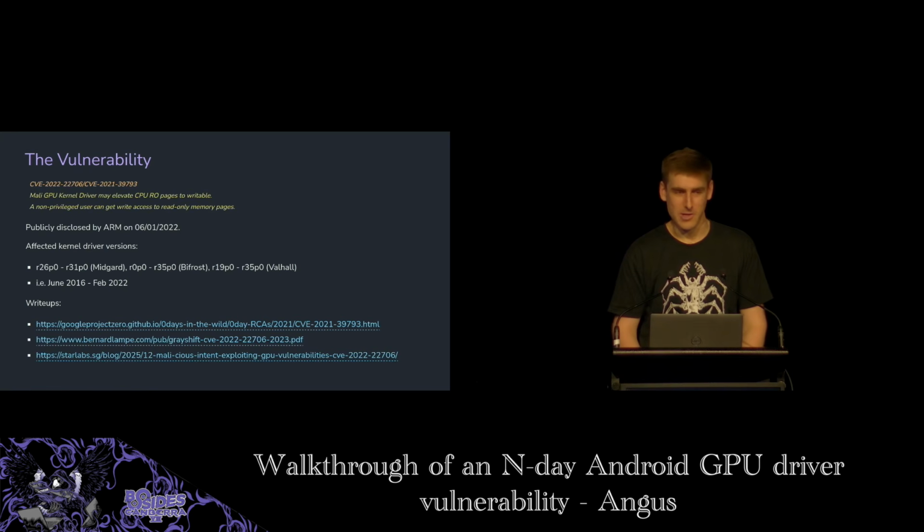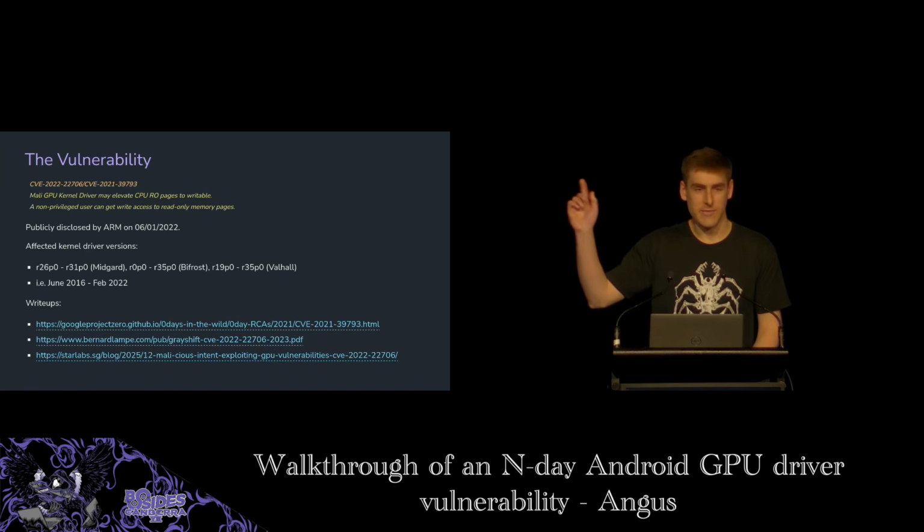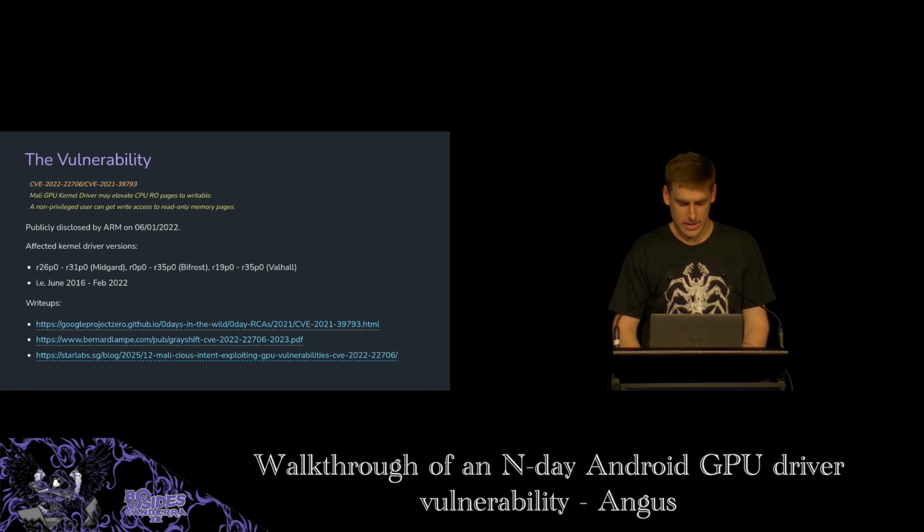I had to go delving in the actual patch to see what had happened. This was disclosed back in 2022 by an anonymous person. It was in the Mali driver for about 6 years, so that's quite a long time. There are a bunch of public write-ups about this. I'm going to have these links at the end if you're interested. These were really helpful in preparing this talk.